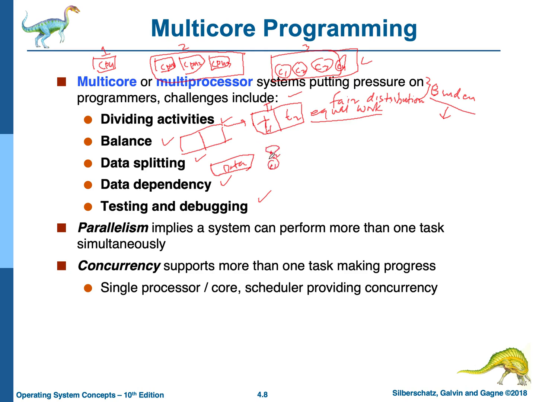How should this data be accessed, or if this data is split into 2, how should it be split? There are 2 conditions. One is dependency, which is addressed here. Suppose one part of data is allocated to this thread and another part to that thread. If these are dependent, then they should be synchronized.